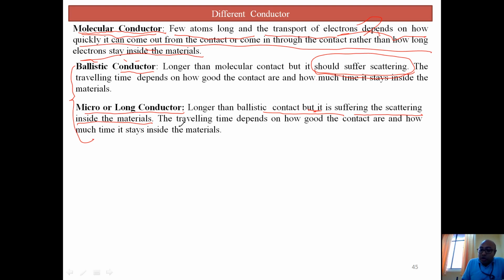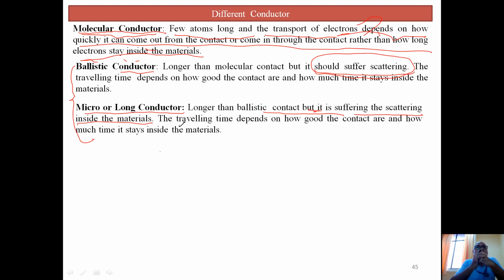That is all. Now in the molecular conductor, how to deal with it, that we know. We deal with hydrogen atoms, no? We have a series of hydrogen atoms, a series of molecules, then solve it with the Schrodinger wave equation exactly the same way as we have done. Suppose we have a 10 atom long material, you have 2 contacts over there, then you also have a gate, so you have a source, drain and gate.